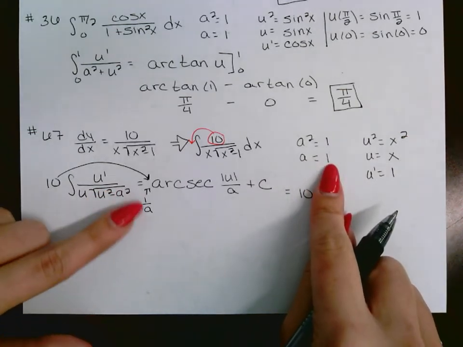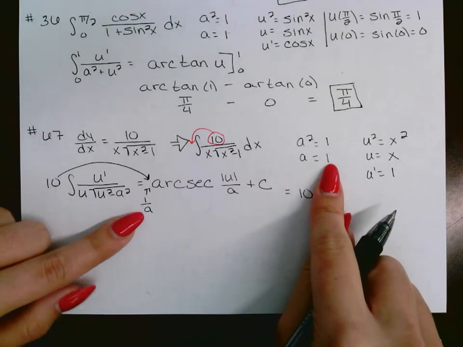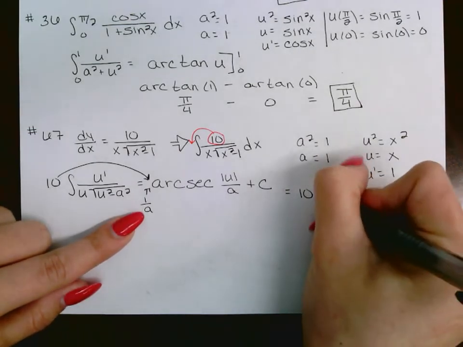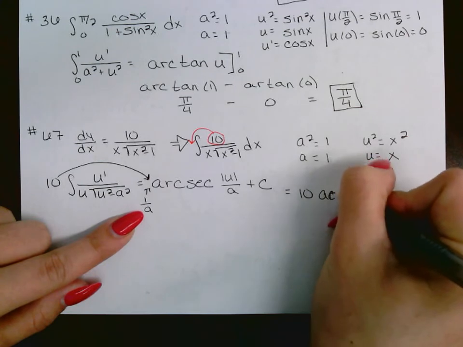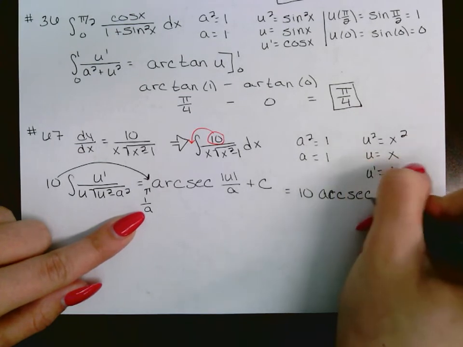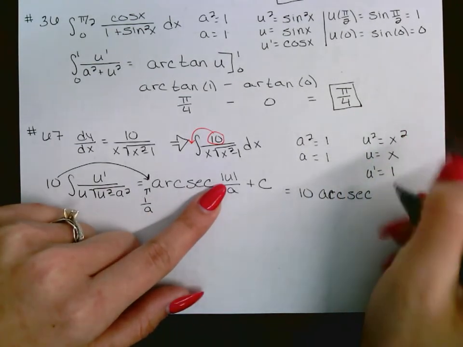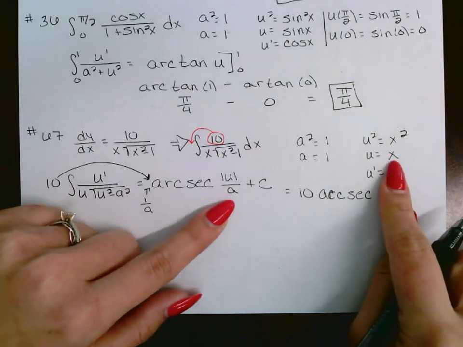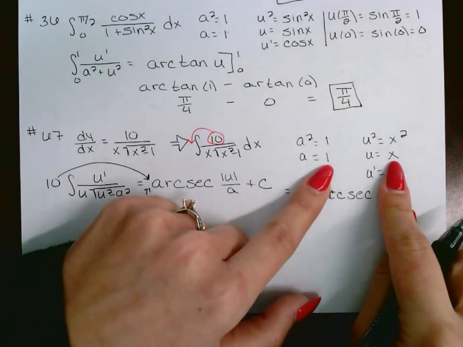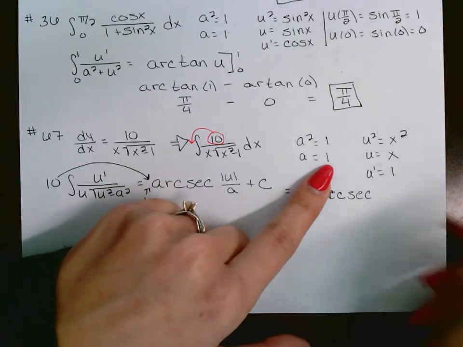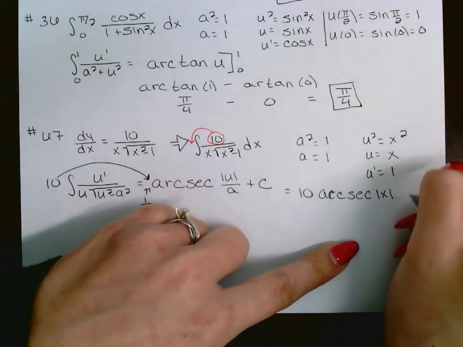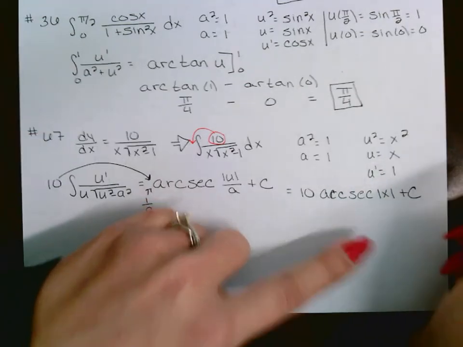Okay? So do I really need to write that 1 over a if it's 1 over 1? No. So now arc secant absolute value of u, so absolute value of x over a. Absolute value of x over 1, what am I going to write? Good, absolute value of x, and then plus c.